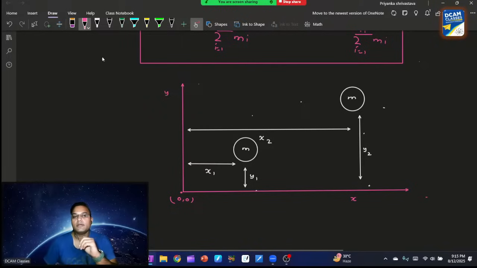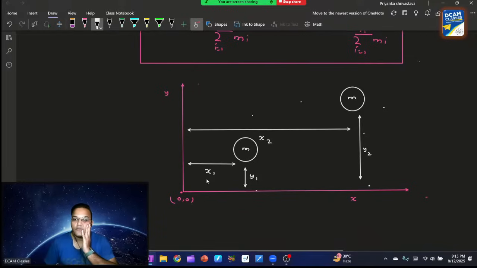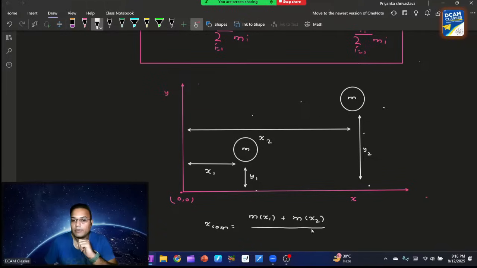Now in this particular case, we have to find the center of mass, so we will use the formula. First, we need to find the x center of mass. It will be m into x1, the first mass into its x coordinate, plus the second mass into its coordinate x2, divided by m plus m.